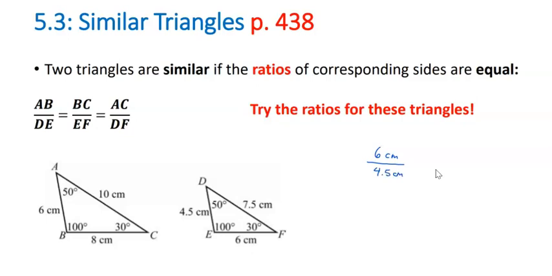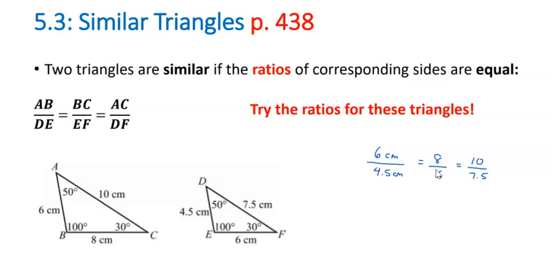Then we can check to see if the other sides have the same ratio. So we put BC, which is 8, over EF, which is 6, and then we take the hypotenuse, the longest side, AC, which is 10, over DF, which is 7.5.